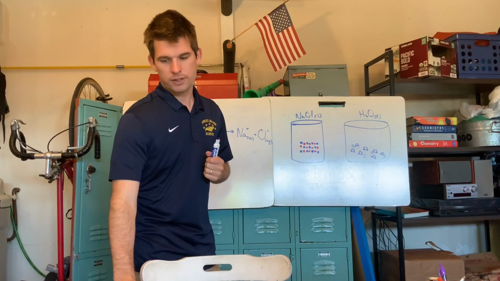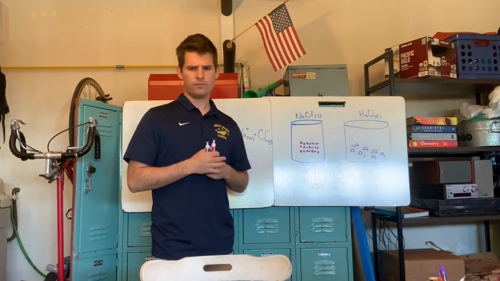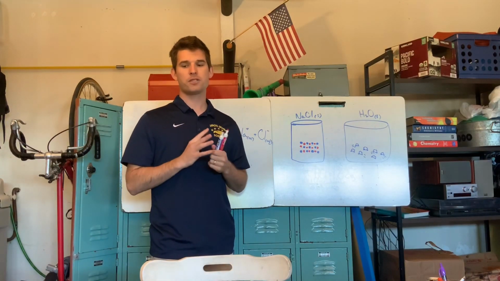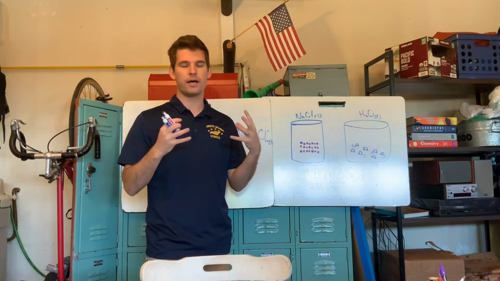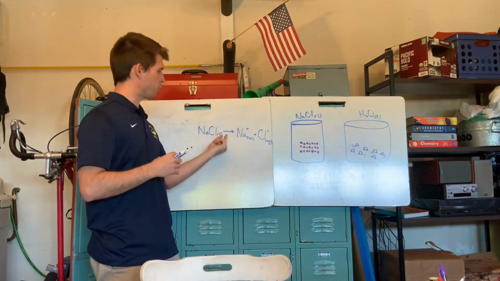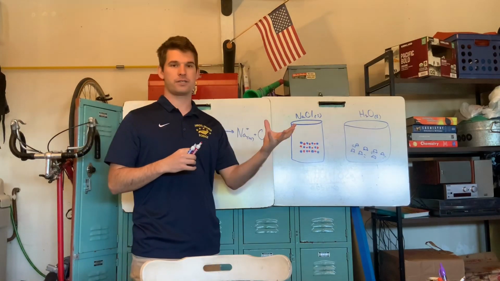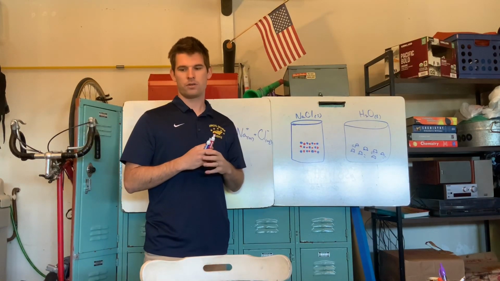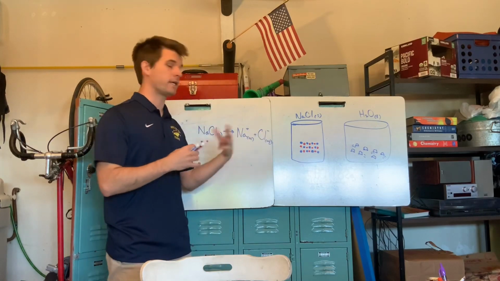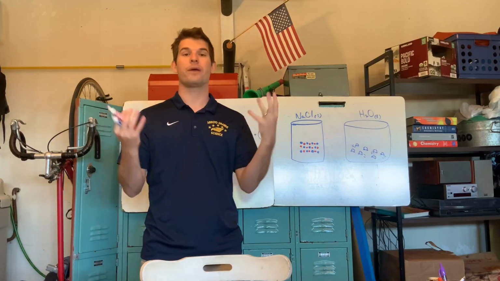So we're going to look at this interesting idea, and it says energy must be absorbed to pull the ions away from each other. So we have to put energy in right here so that the ions can be pulled apart. Because one's positive, one's negative, they're attracted to each other. So we have to add energy to be able to pull those apart.